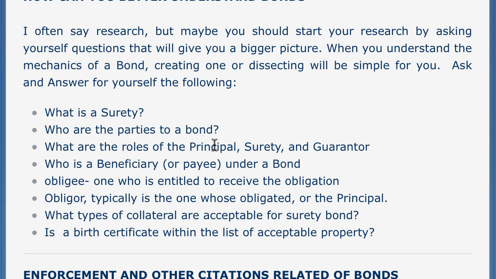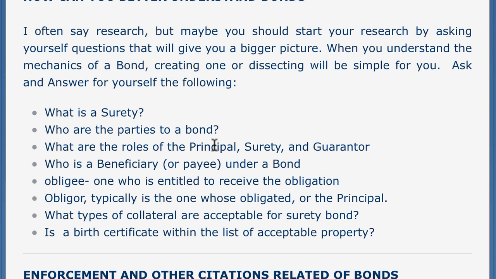So what are the laws in your court or in your state or in the federal government that deal with acceptable collateral? Because you want to make sure that they're not just arbitrarily discriminating against you if they're not accepting your bond. On what basis are they not accepting it? Is it that your collateral is not sufficient?